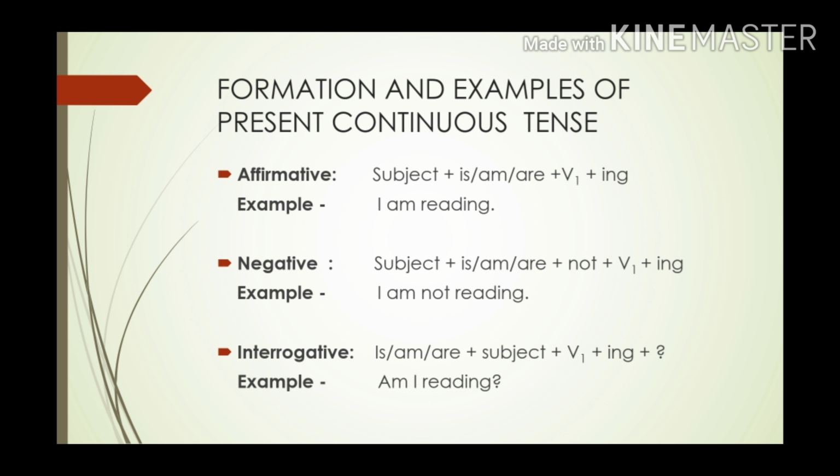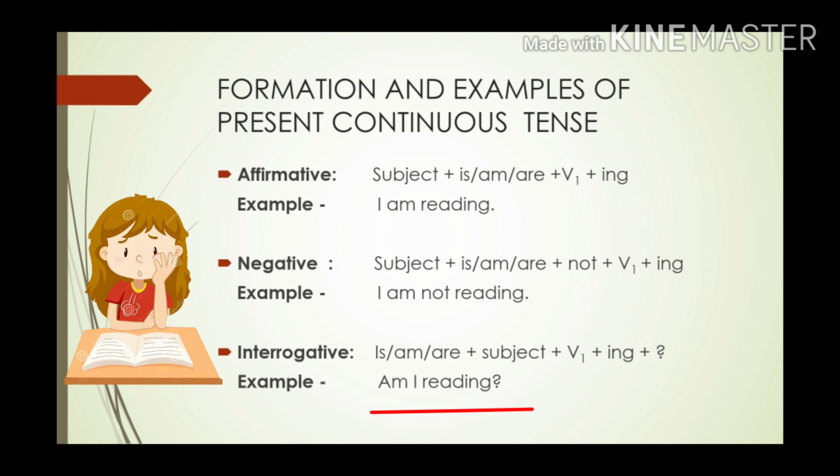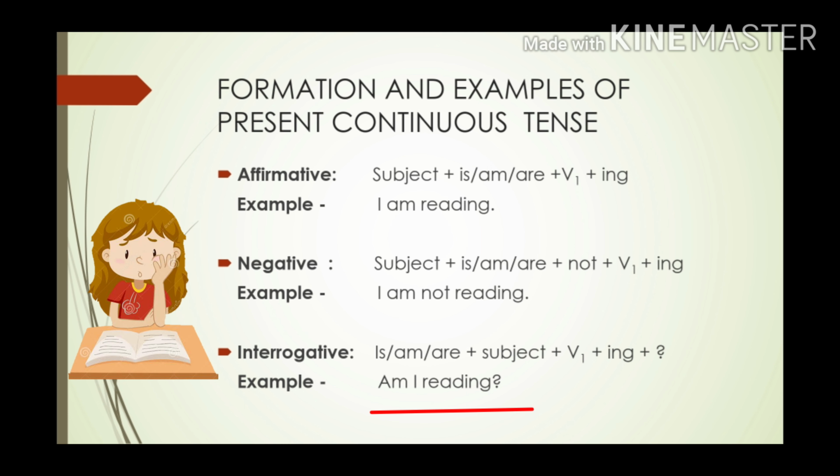Let's take one interrogative sentence. The formula is is/am/are, subject, verb first form, ing and question mark. So here in interrogative sentence, we put the helping verb, that is is/am/are, at the beginning, and then our subject comes. For example, am I reading?